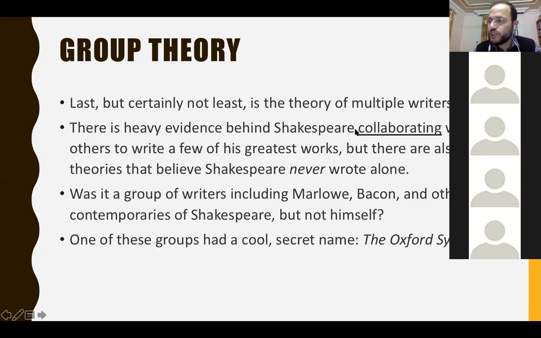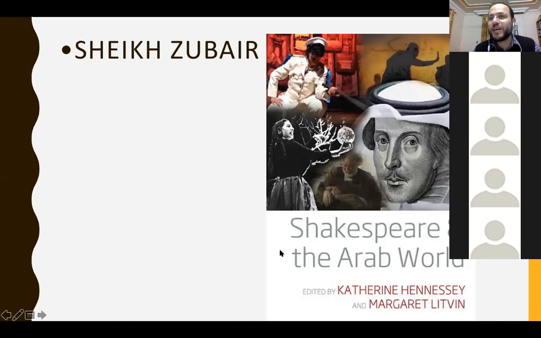Can you guess which theory I didn't mention about who Shakespeare is? Sheikh Zubair? Yeah. Sheikh Zubair. Shakespeare. Now, many people make fun of Al-Qaddafi when he said Shakespeare is an Arab man who traveled to Europe and to England and lived there and learned the language and everything.